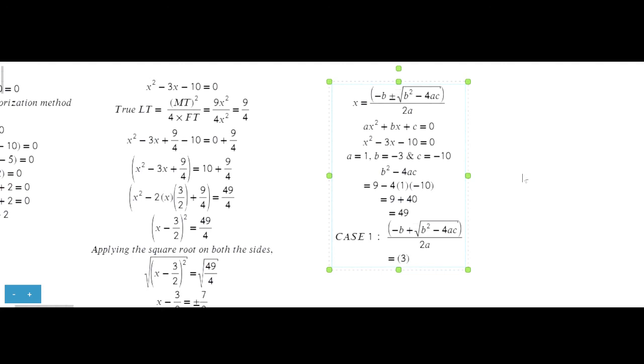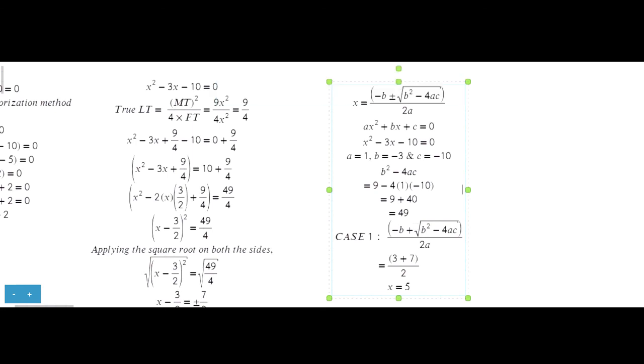So the square root of 49 will be equal to 7. So write down 7 directly, and divided by 2a, which is 2, it will be equal to 3 plus 7, that is 10, 10 by 2 is equal to 5. So one of the roots of your equation is 5.